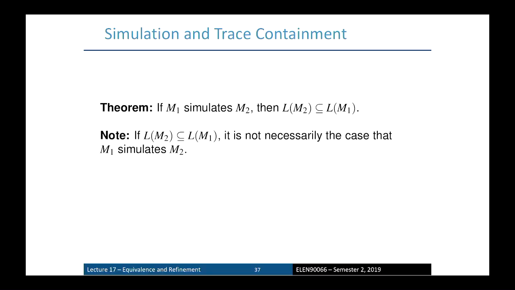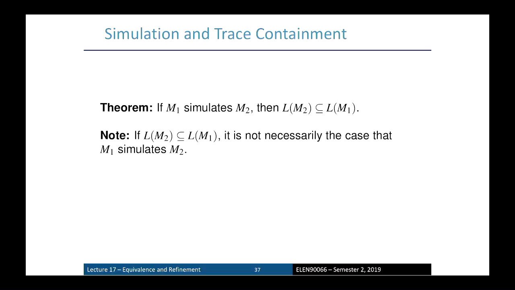There was a nice little Venn diagram there before. But it doesn't flip the other way. The implication goes left to right, not right to left. So if the language of M2 is contained in the language of M1, it doesn't mean that M1 simulates M2.